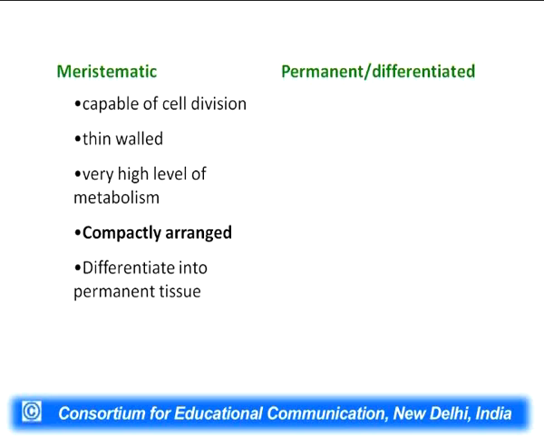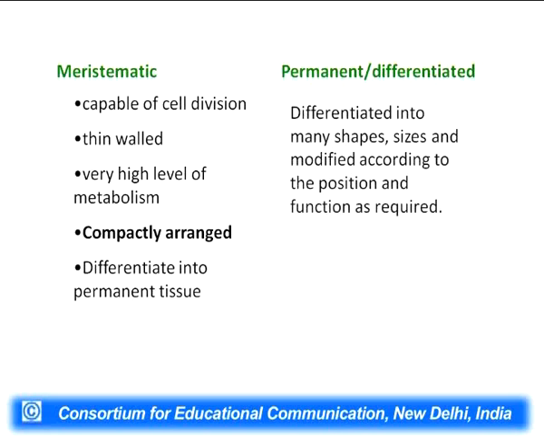Quite naturally, stem cells differentiate into permanent tissue, whereas differentiated cells have many shapes and sizes, modified according to the position and the function required. So, in the next two to three slides, I will try to tell you what kind of modifications they undergo and how they are compactly arranged.